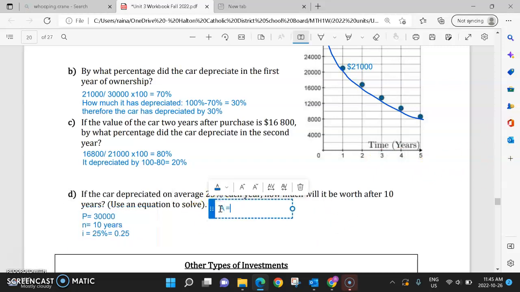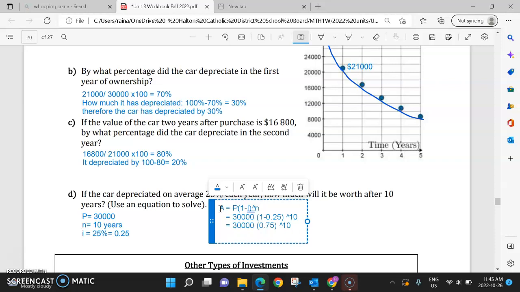You want to use your formula, so P brackets 1 minus your interest rate to the power of n. And that's going to be equal to your principal, which is 30,000, times 1 minus that 0.25 to the power of 10 years. Again, that's equal to 30,000 times 1 minus 0.25, which is 0.75, to the power of 10.